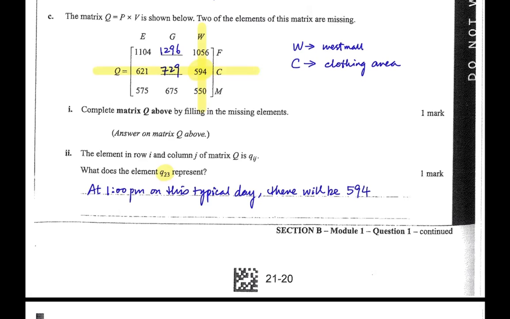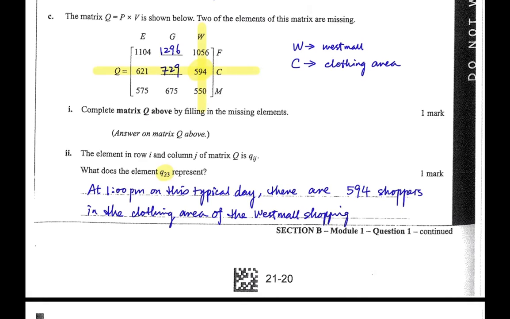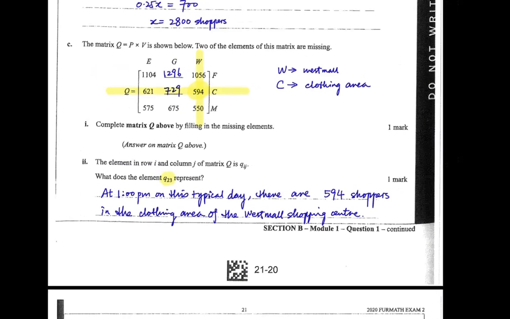Let's just stick with the present tense. There are 594 shoppers in the clothing area of the Westmore Shopping Center. Finished.